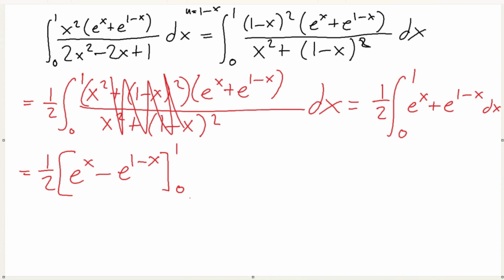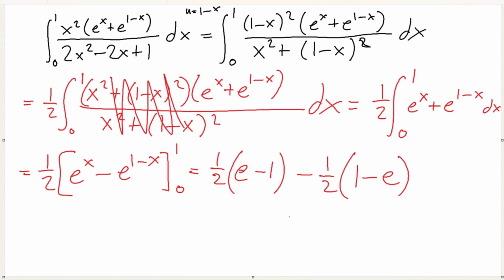Let's start plugging things in. We have e, plug in 1, this is e minus 1, and then minus, plug in 0, we get 1 minus e. Wow, so I guess this is equal to e minus 1.